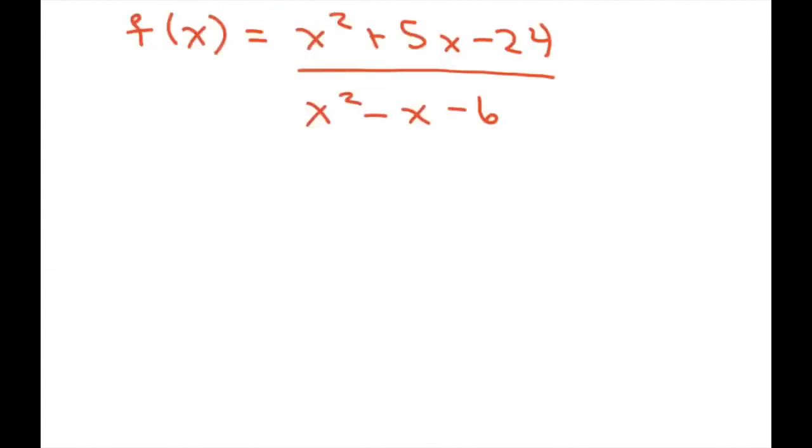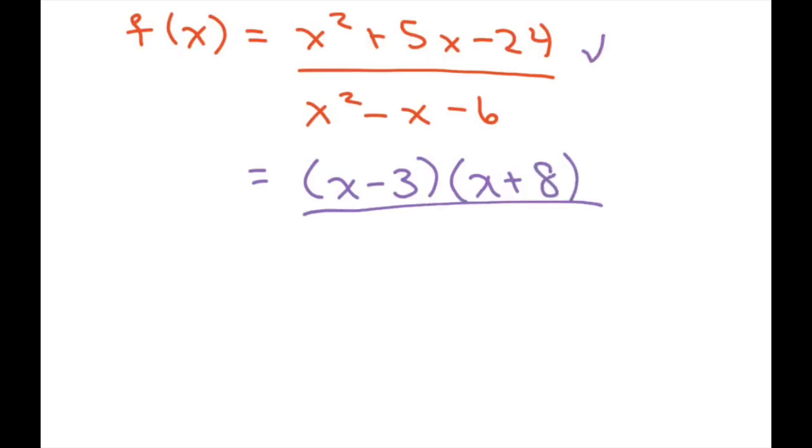So let's do one more. The first thing we're going to do is factor this. So we will get x minus 3 times x plus 8. That gives you the top portion. And the denominator is going to be x minus 3 times x plus 2.